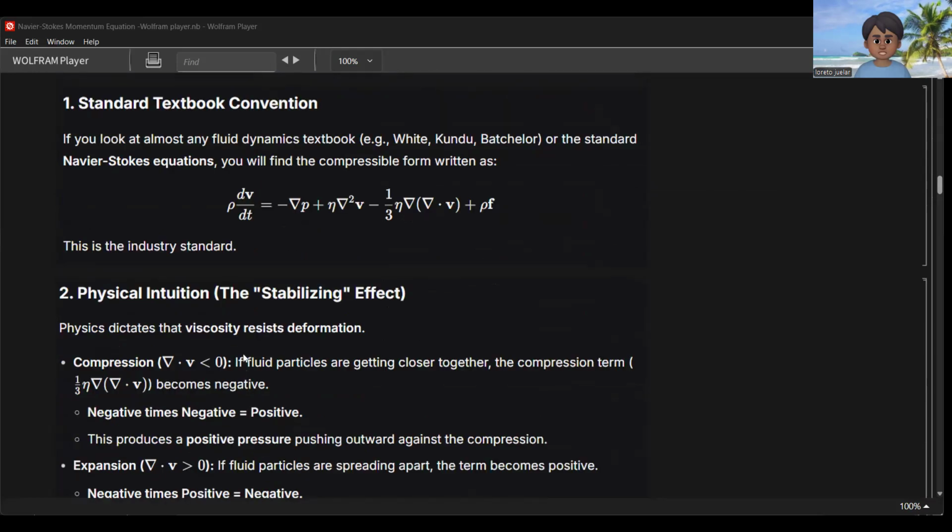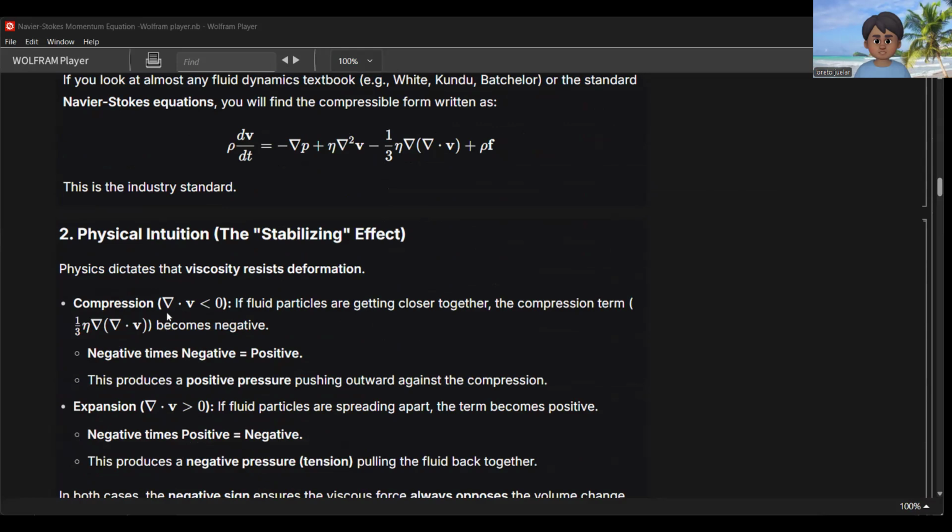So why is it negative? We'll discuss the physical intuition, the stabilizing effect here. Physics dictates that viscosity opposes the deformations. So for compression, if the divergence of V is less than zero, meaning fluid particles are getting closer together, the compression term becomes negative.